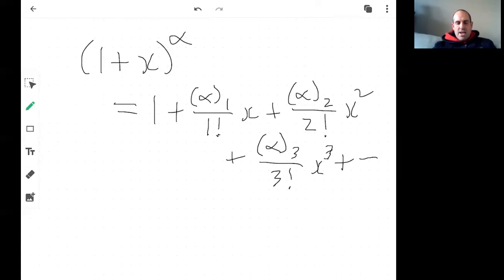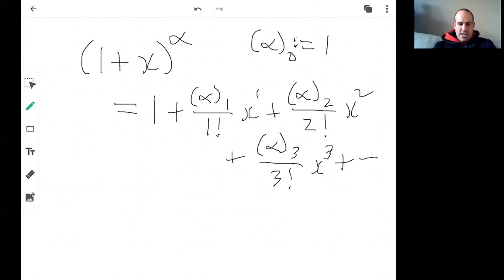Okay, and if you want to be able to write this succinctly, this is x to the first power, we could define the Pochhammer symbol alpha sub 0. That's by definition equal to 1.